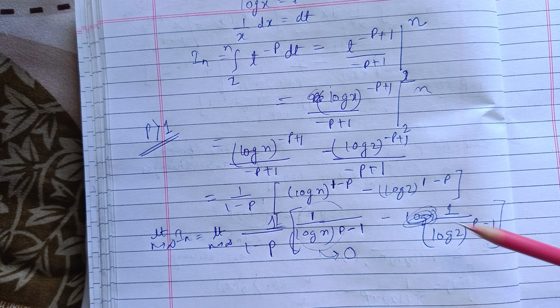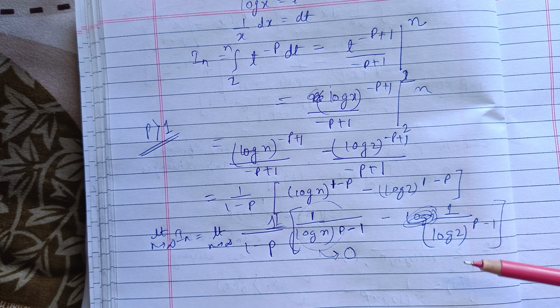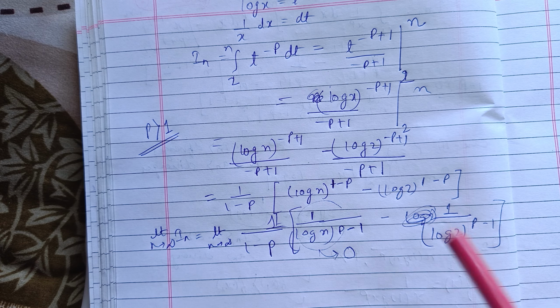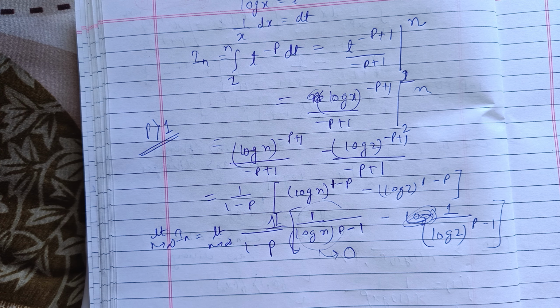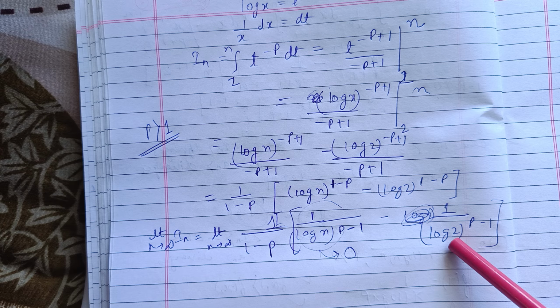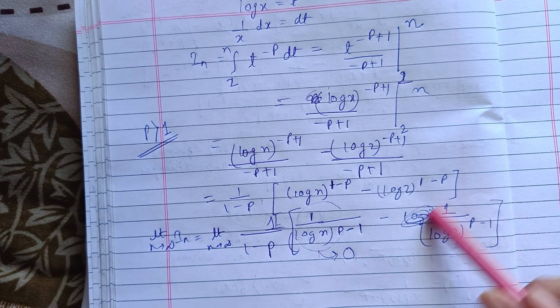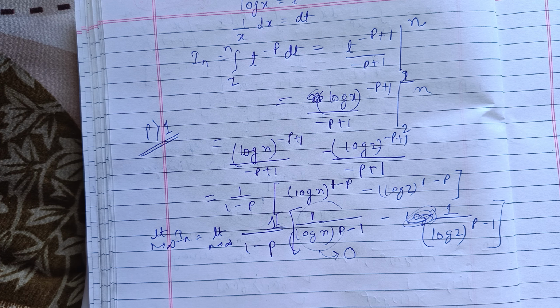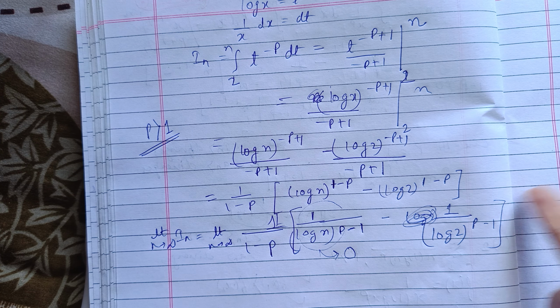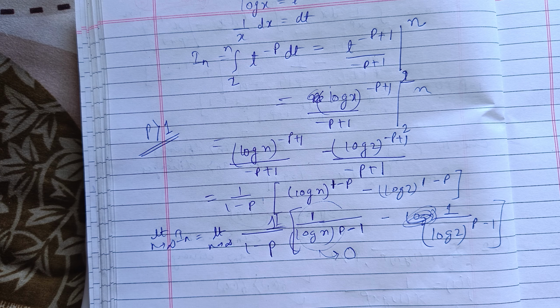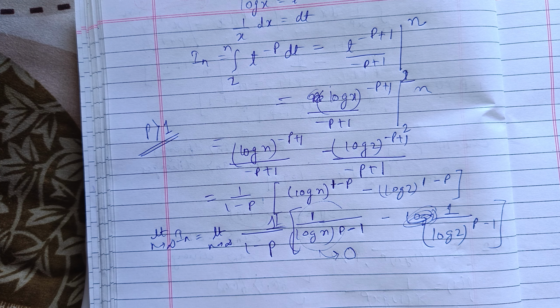That's why it is given that the limit is from 2 to infinity, not from 1 to infinity. Had it been 1 here, it would have resulted in 0. If it was a 1, then it may collapse.